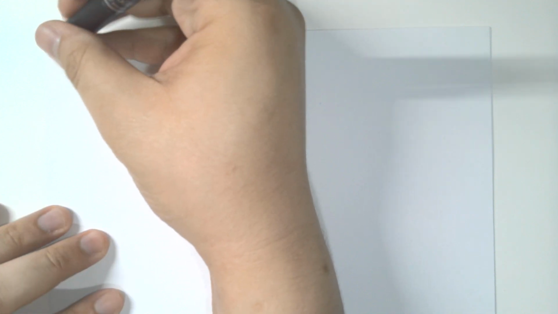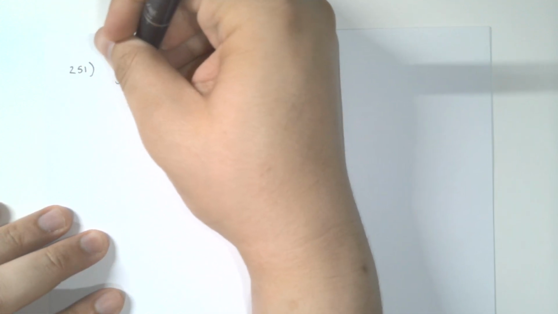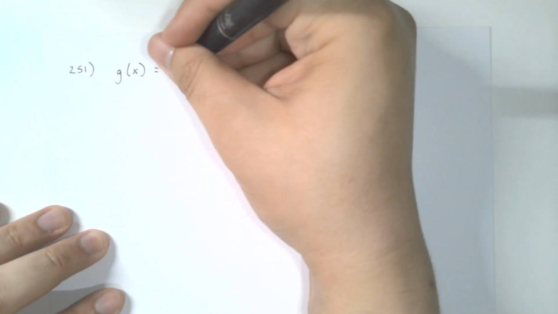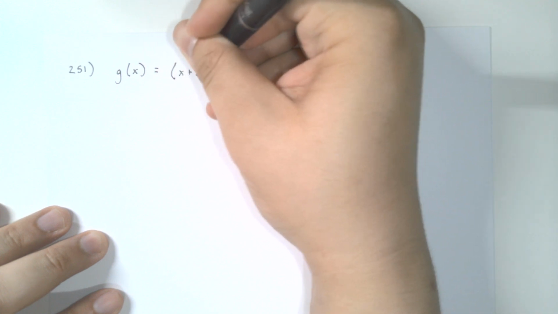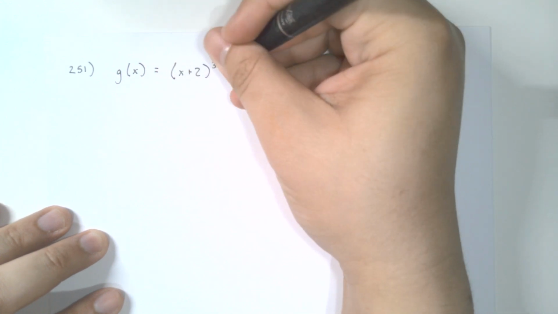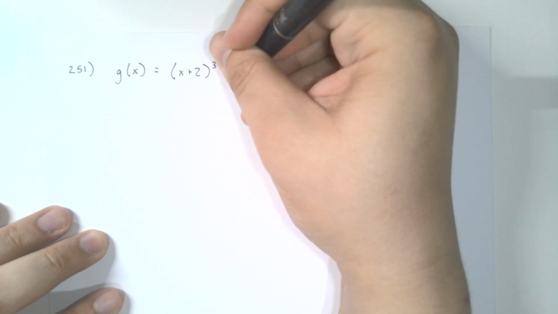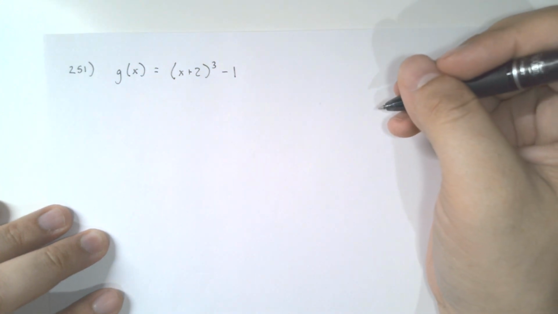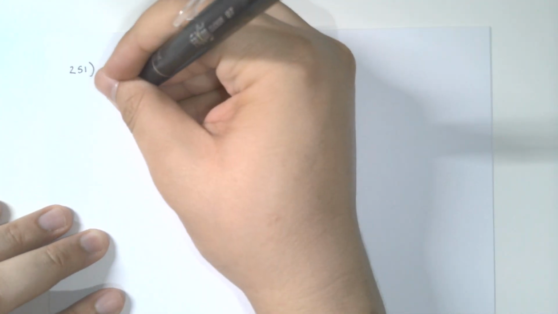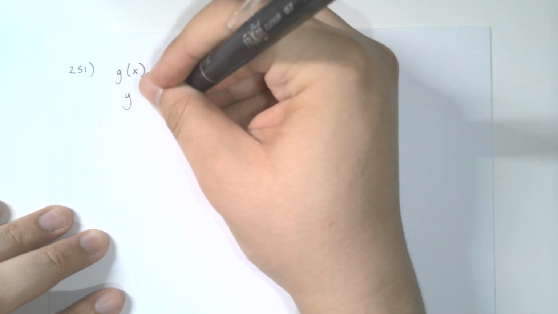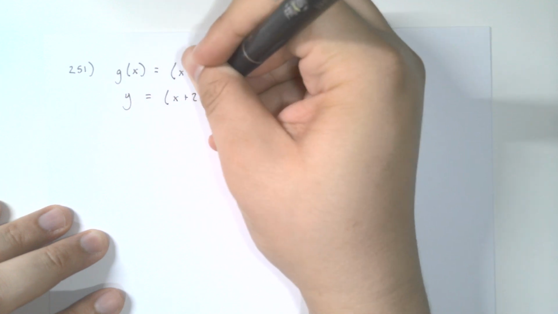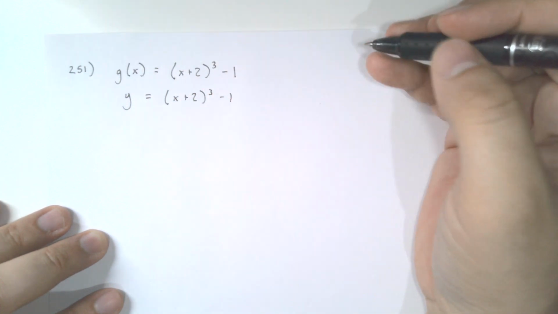Let's look at number 251. So for number 251, we have that g of x is equal to x plus 2 cubed minus 1. Alright, so we have y is equal to x plus 2 cubed minus 1.